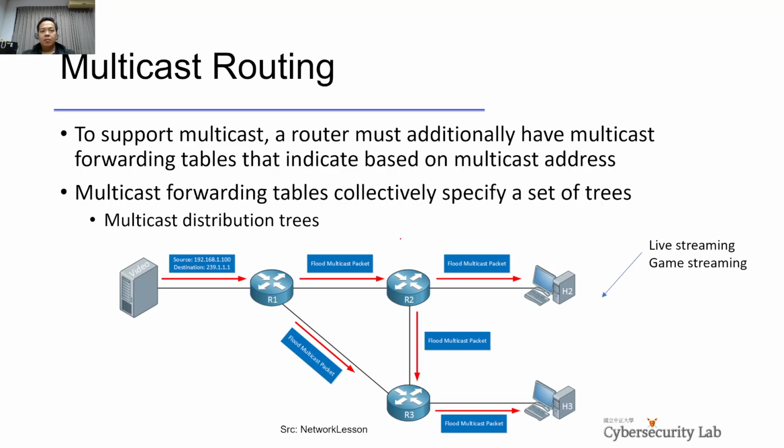Okay, in multicast routing, based on the multicast address, the router can classify the traffic, follow a specific address, and only forward the data to that specific destination address.